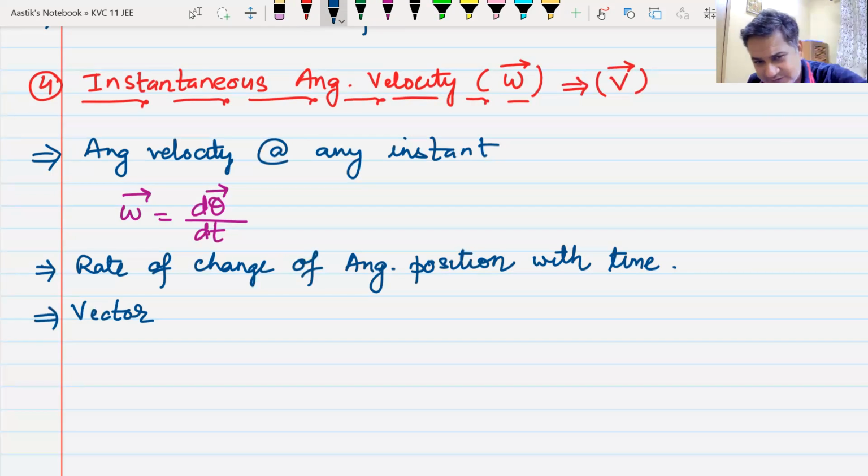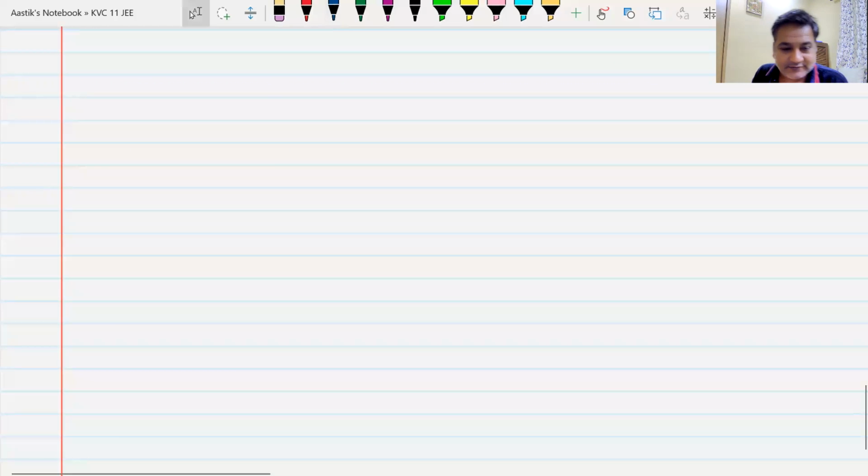What is the next term that is going to come? Angular acceleration.